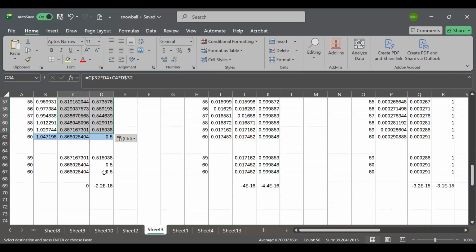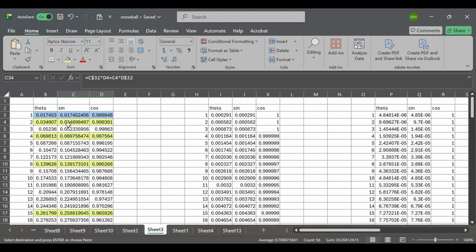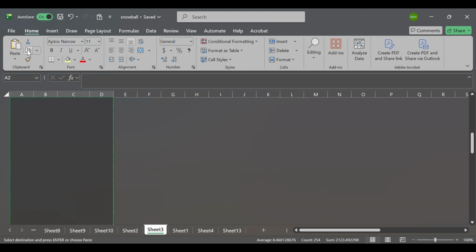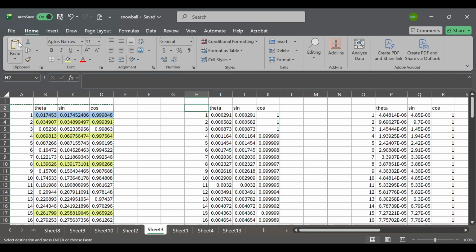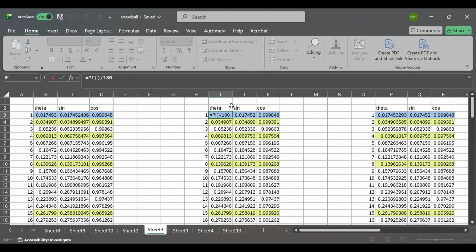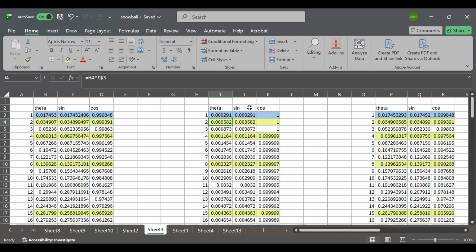Okay, look at the error there. 2 times machine epsilon. We'll see it again a little bit later. We're going to copy this calculation to the right. We're going to change the angles to see what those numbers are for the smaller angles.